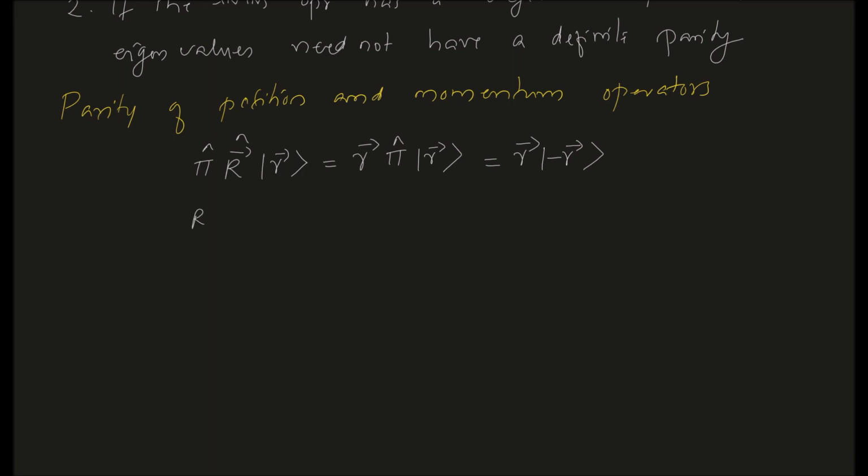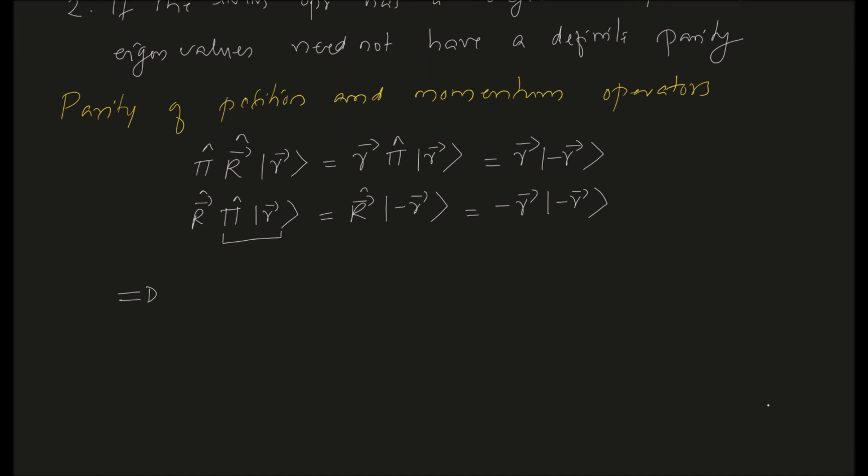Now let's say parity first acts on this r base ket, then you multiply it with the position operator. Then by the action of pi on this r, what you get is minus r, right? Then what you get is the minus eigenvalue, minus r, times the same ket.